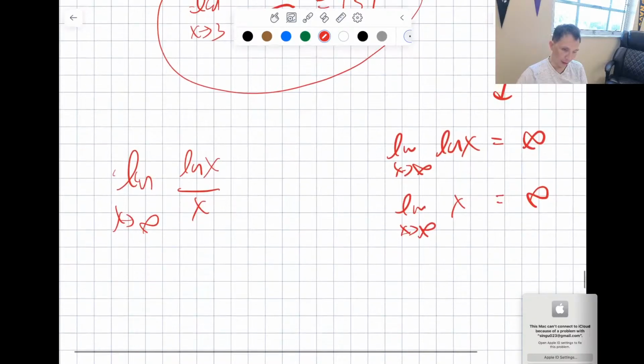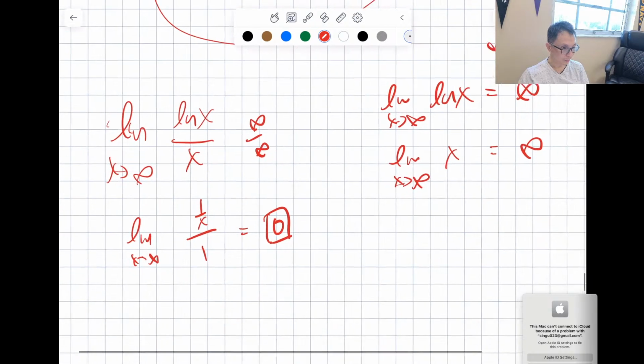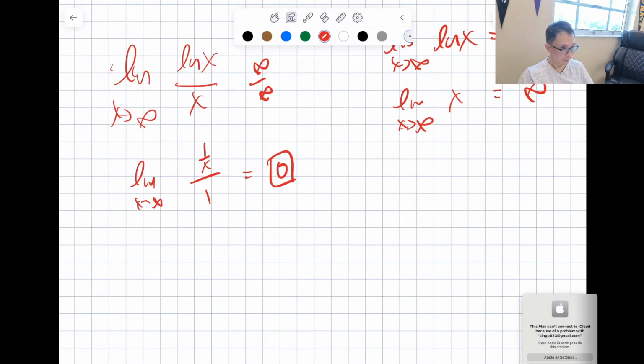Okay, but on MCQ you can just say, oh yeah, that's infinity over infinity, I just take the derivative of the top and bottom. So that would be 1 over x over 1, sorry. What happens when they reach infinity? That's it. Very easy. Is that okay?